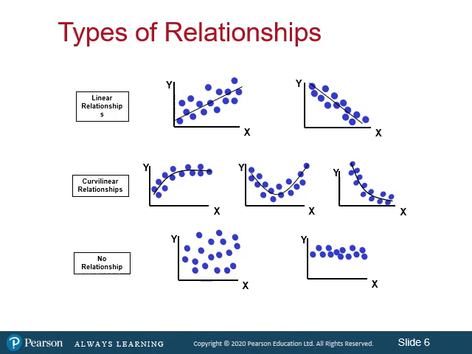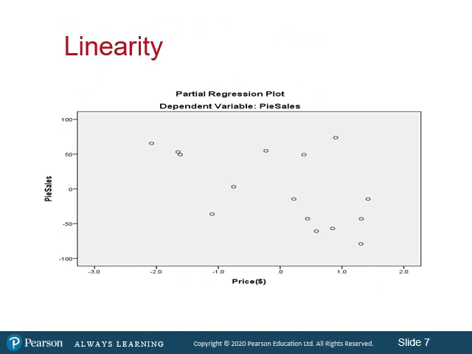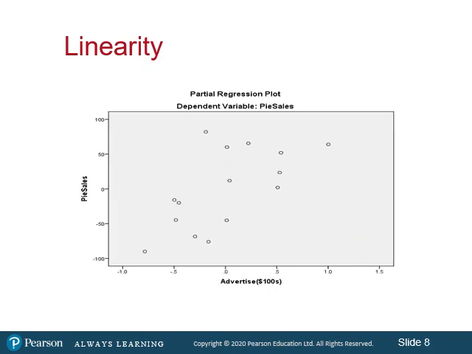Here, since we have two independent variables, the first one is your price and the second one is your advertising. For price the relationship is actually negative. The line is going down here. And for advertisement the relationship is positive. The line is going up. That's how you assess linearity in multiple regression.